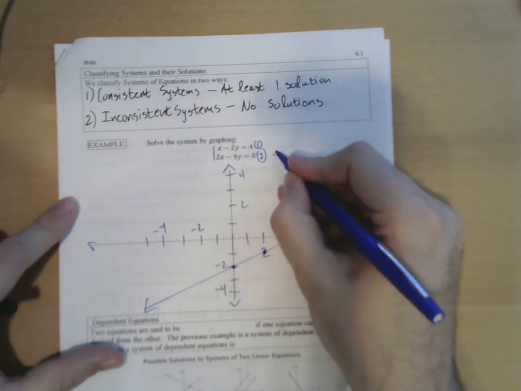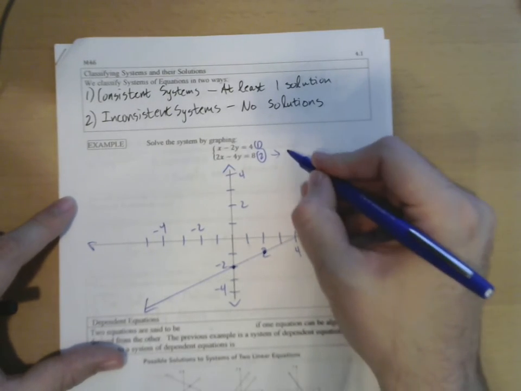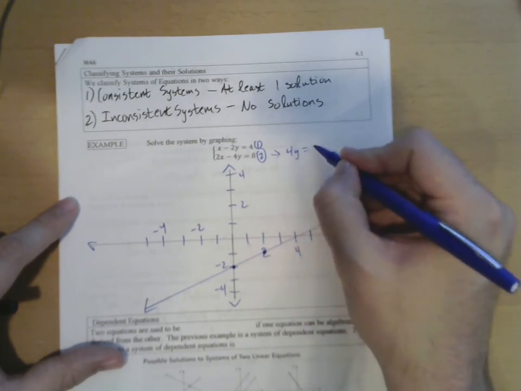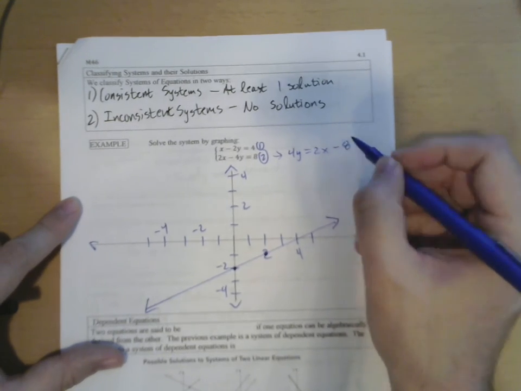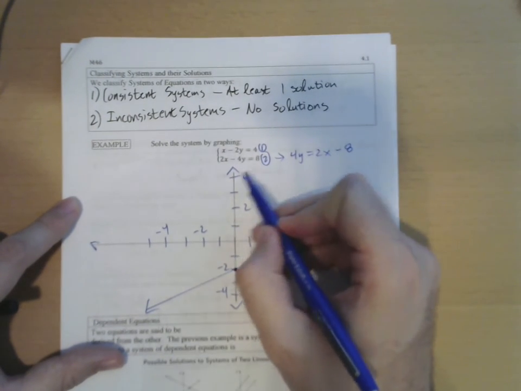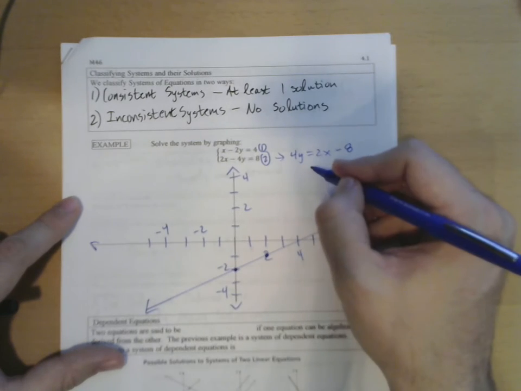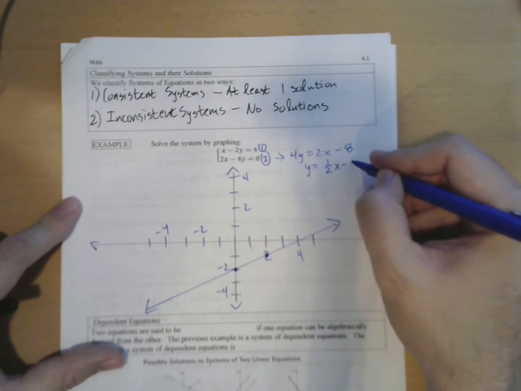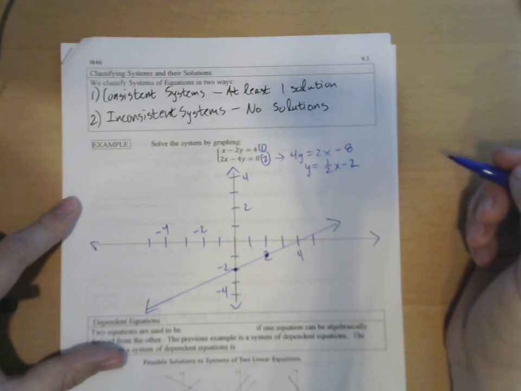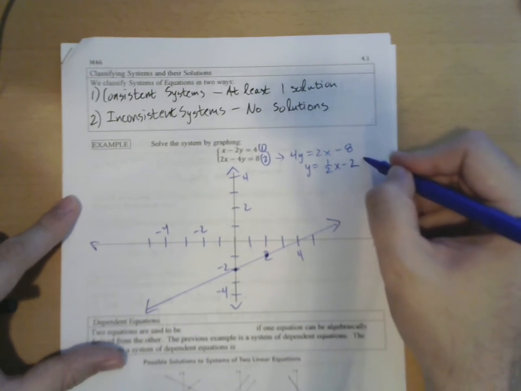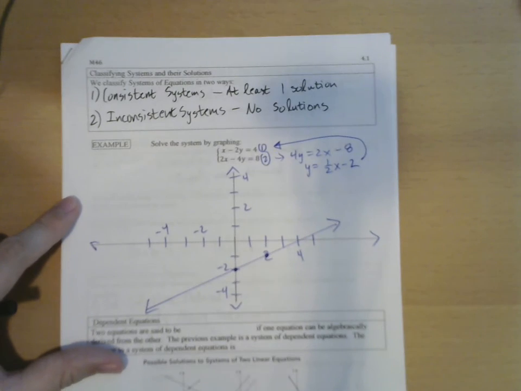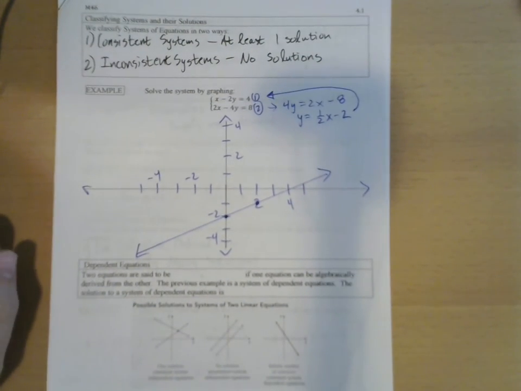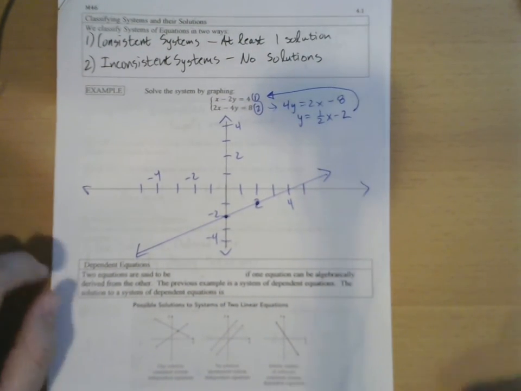And then now I'm going to solve this equation for y. So this is 4y equals 2x minus 8 by subtracting the 8 over and adding the 4y. And then y equals 1/2 x minus 2. Well, that's the same line. So I don't need to graph anything, because I already have both lines.